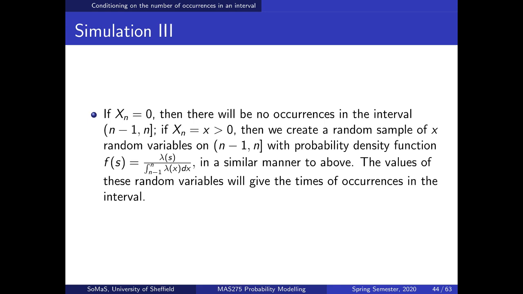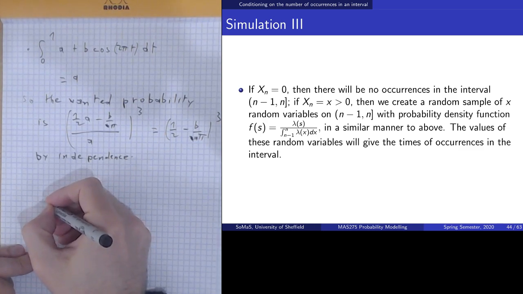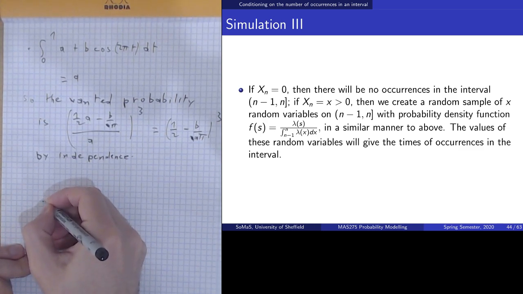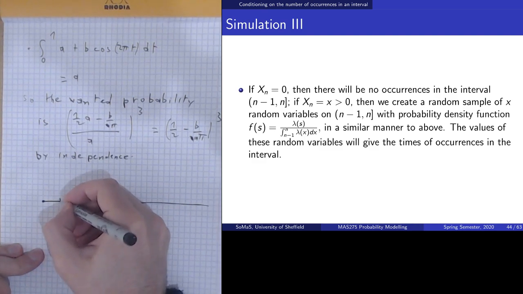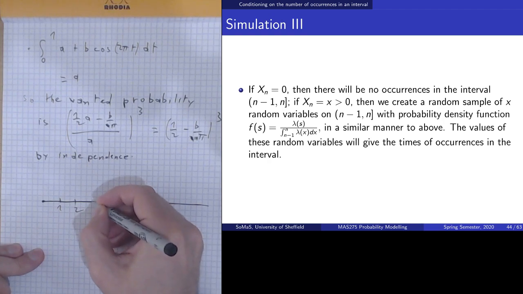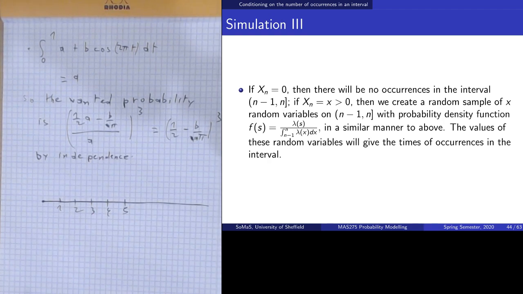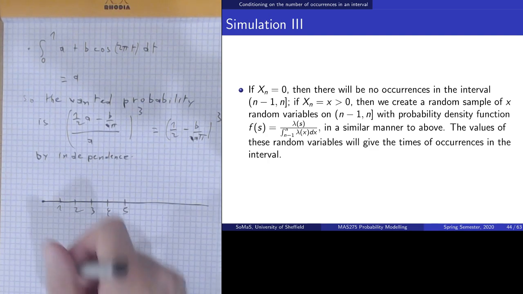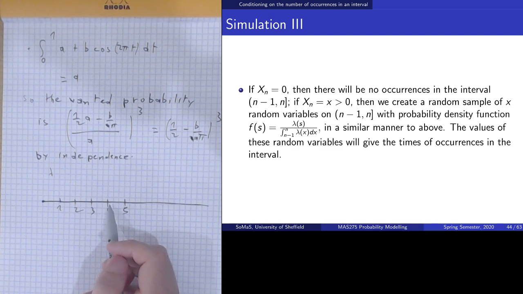So maybe I can again do a little bit of a drawing. So here's my real line. I divide it into 0, 1, 1, 2, 2, 3, 3, 4, 4, 5, and so on. On each of those, I have my rate lambda. On each of those, I choose a Poisson variable with total parameter the integral of the rate on this interval.